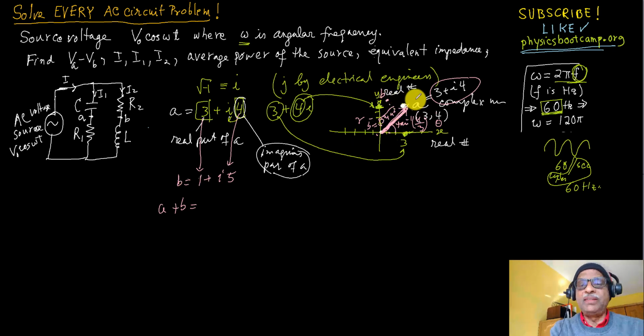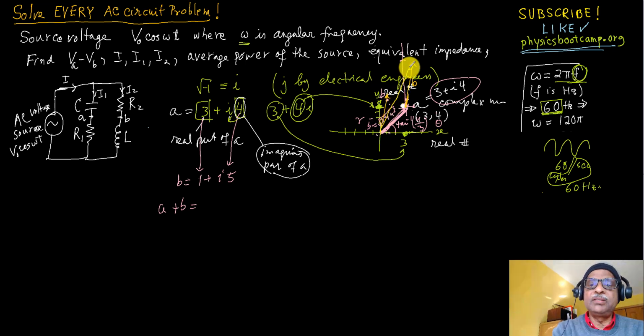If I add these two, I add 1 in this direction, and 5 over here, so this is the B vector, and the sum will be this vector.